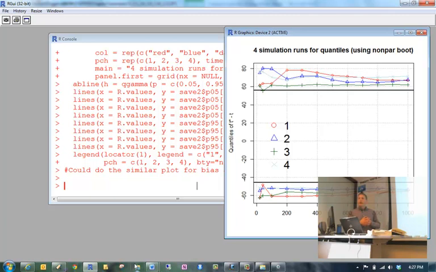So when y was distributed exponential, we showed that T star was a gamma with parameters n comma y bar. So I found the 0.05 and 0.95 quantiles. So are you concerned at all that the non-parametric bootstrap is not agreeing with what the parametric bootstrap would tell us?